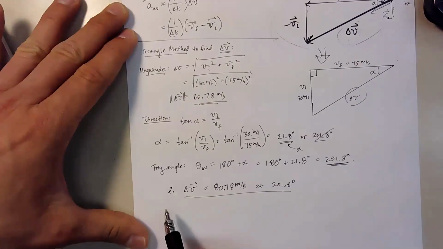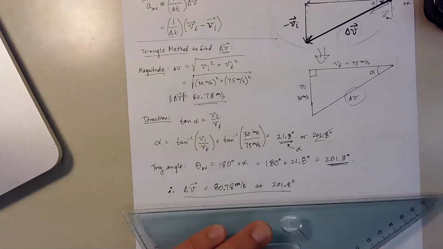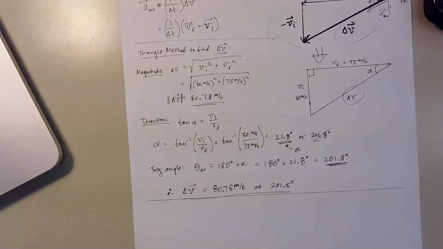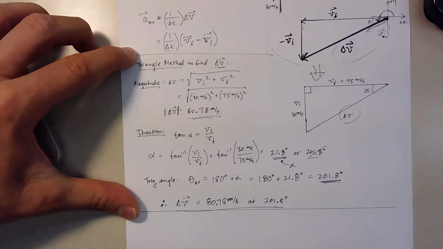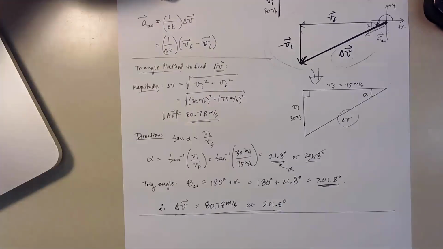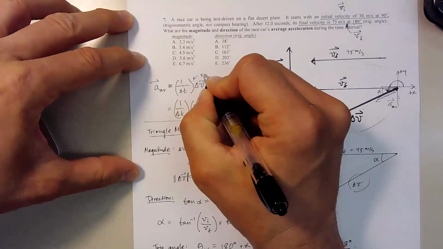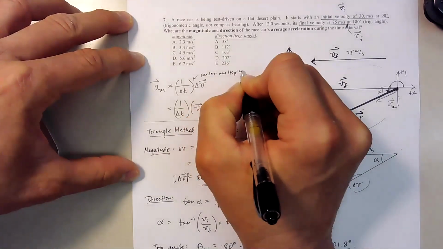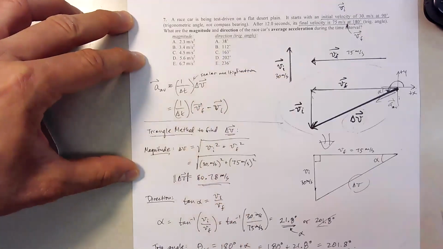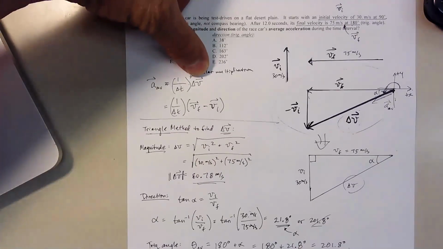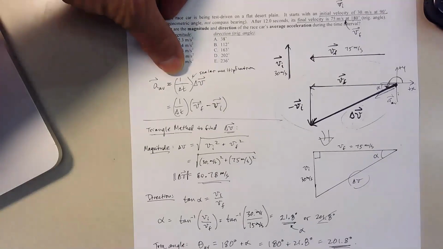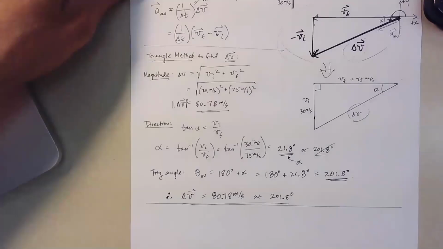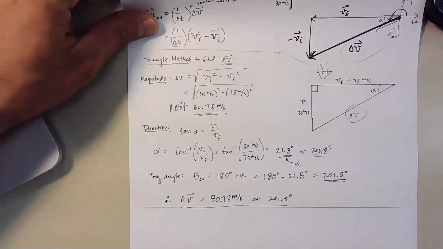Okay, so finally, we still have one more step left to do. That's my vector addition or subtraction, all done via the triangle method. The last step is still to do the scalar multiplication. So now I want to take my delta v vector that I just found and multiply by 1 over time. The time is given in the problem as 12 seconds.